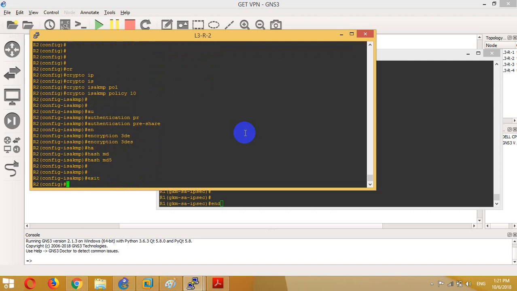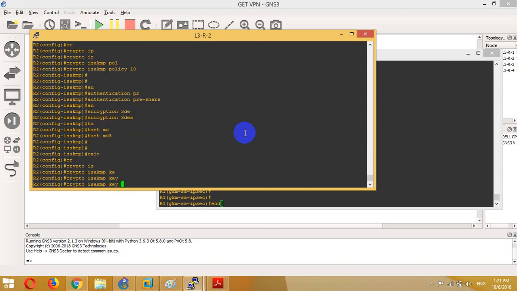Yeah, crypto ISAKMP key, because I need the phase 1. Key Cisco123, address 192.168.10.1.